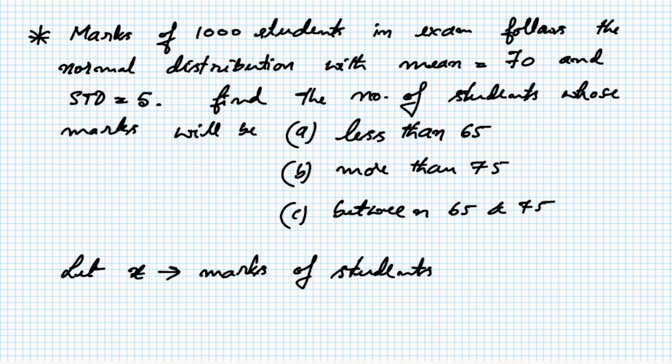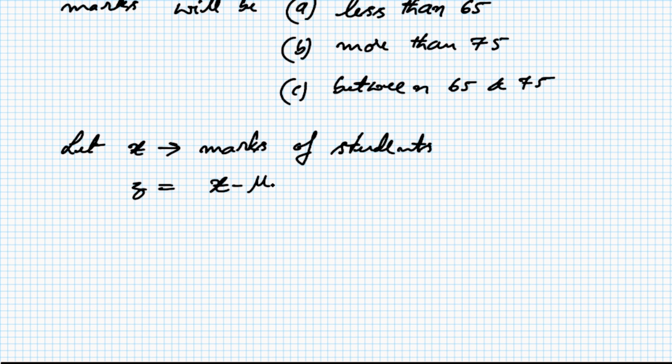But I don't want that. What I exactly want is the Z. So Z is equal to X minus the mean divided by sigma. So that means X minus, what is the mean value? 70, divided by sigma value 5. This is the Z equation.